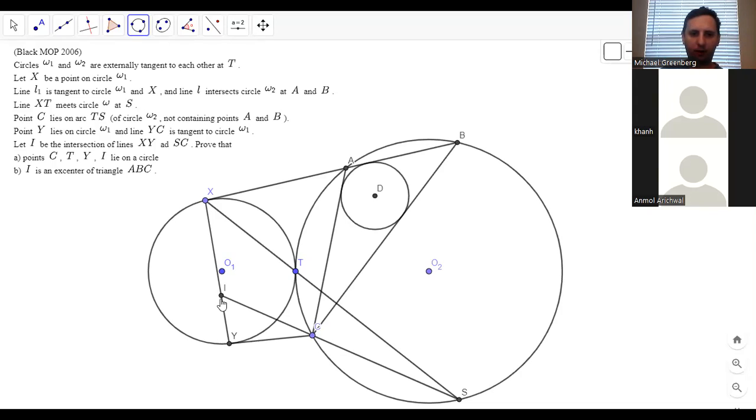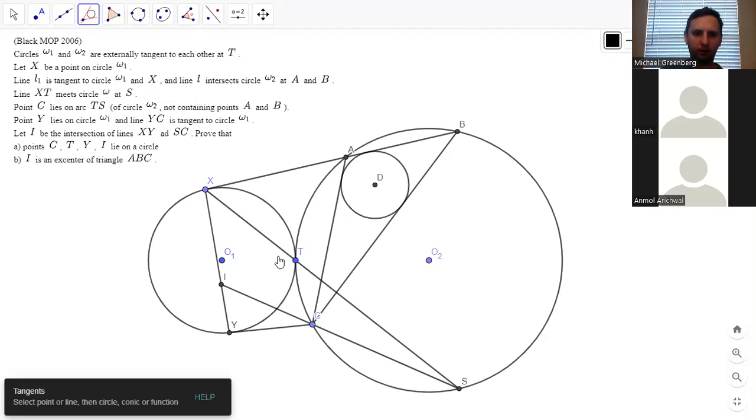So angle IYC is angle XYC, which is half of this arc, and angle ITC is, let's see, maybe there's a better way to do that. You could break ITC into two by a tangent at T. Ah, that's a good idea.